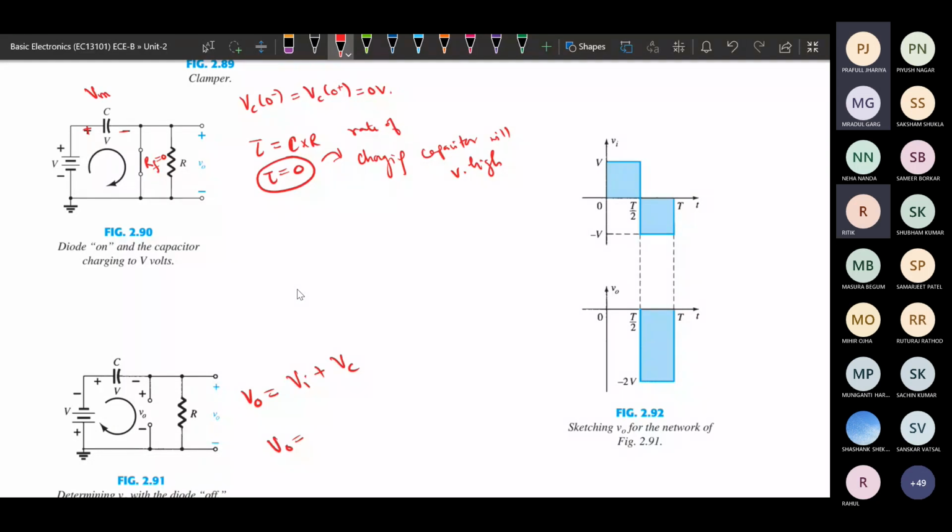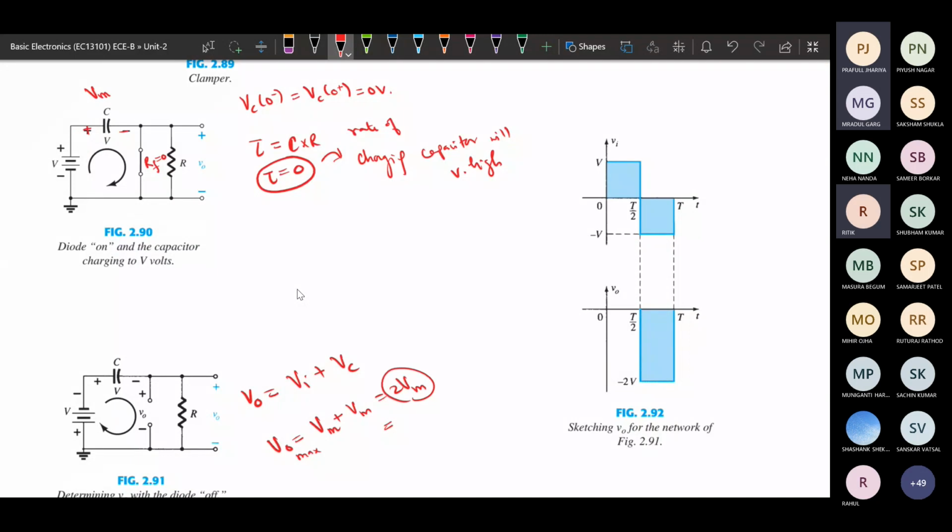So the maximum voltage we can get at the output in the reverse case is the maximum voltage of input, that is Vm, plus the maximum voltage of the capacitor, that is Vm. That is coming out to be 2 Vm. So when the diode is reverse biased, we will be getting 2 Vm at the output.